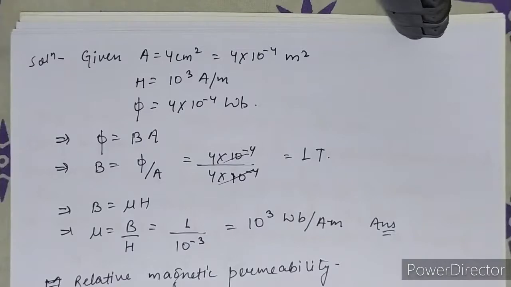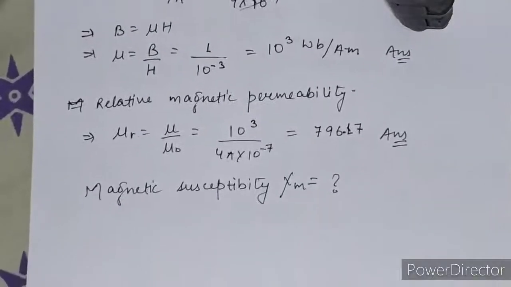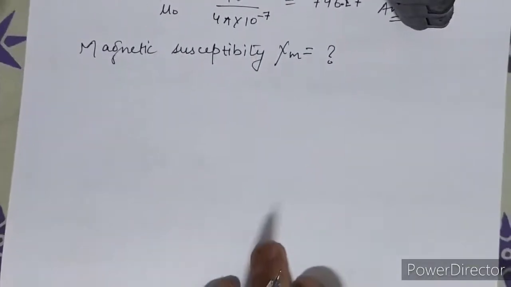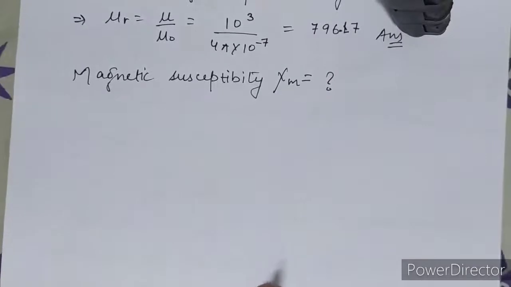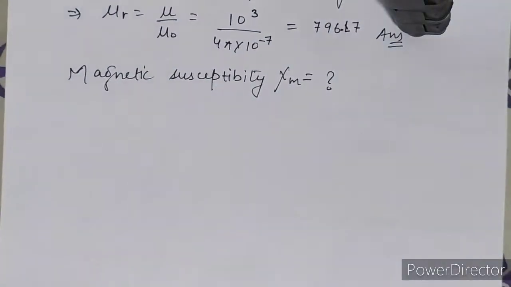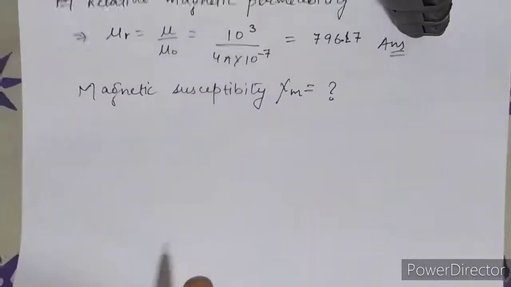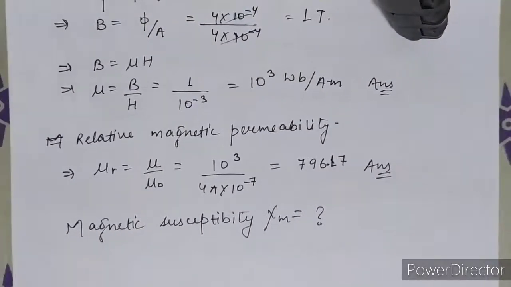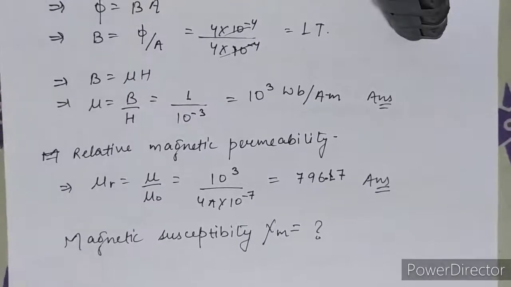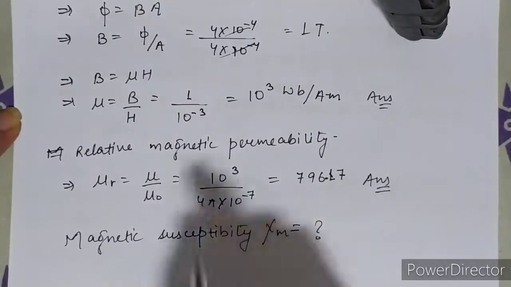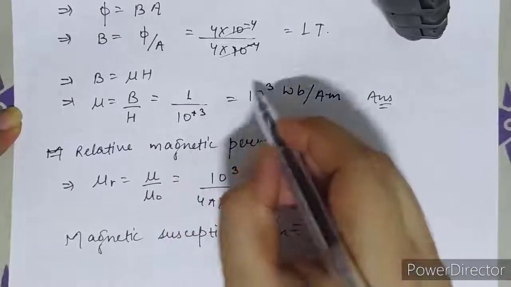Two terms I have calculated, the magnetic permeability and relative magnetic permeability, and the one you have to calculate on your own is the magnetic susceptibility. Clear? Okay. Here I have made one mistake: the value of the magnetizing field is given as the power +3 in the minus form, so it will become -3.